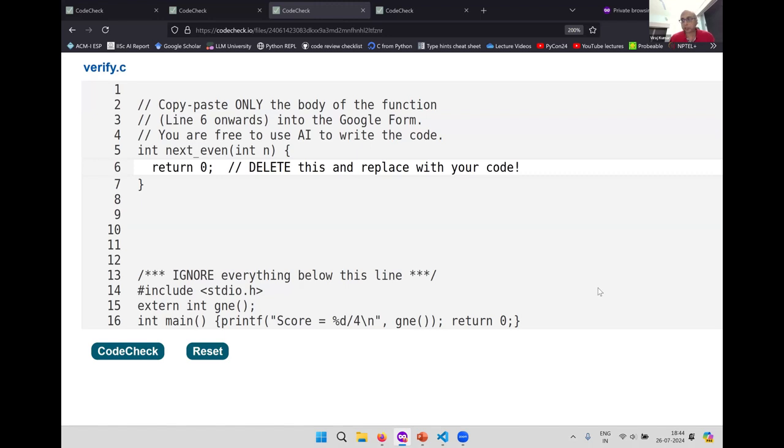So we may have taught our students how to populate a list using a simple for loop, but the AI might use a list comprehension in Python, right? So I think it's important for us as instructors to play around with these tools, understand that they can do this.